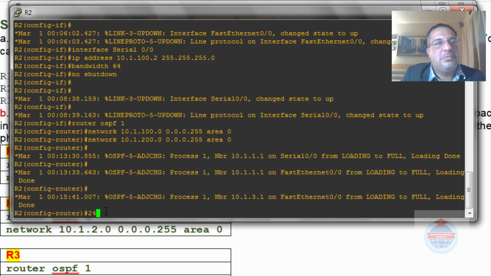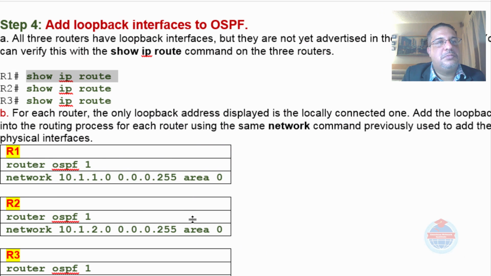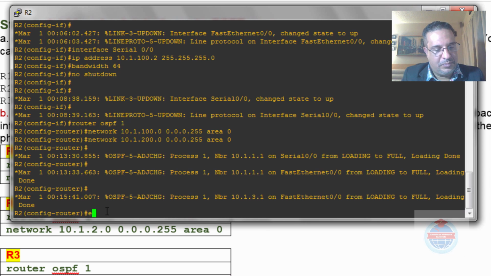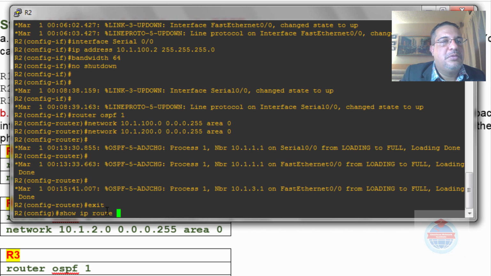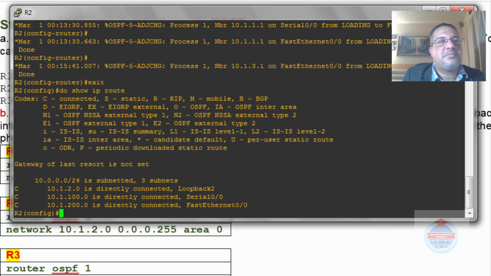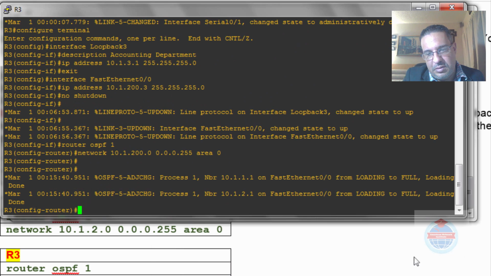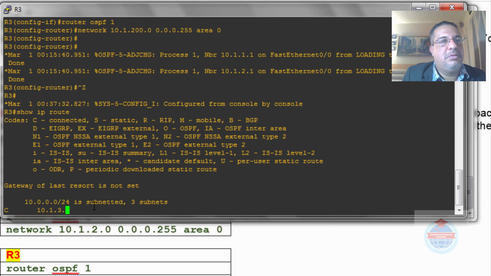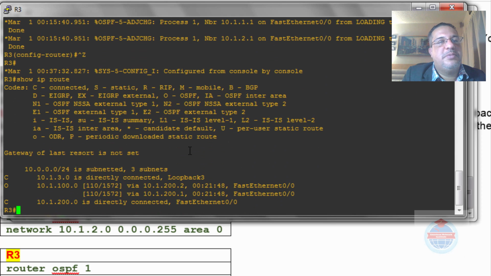On R2, the same, a similar process, and on R3, Control C, we saw a similar stuff over here.